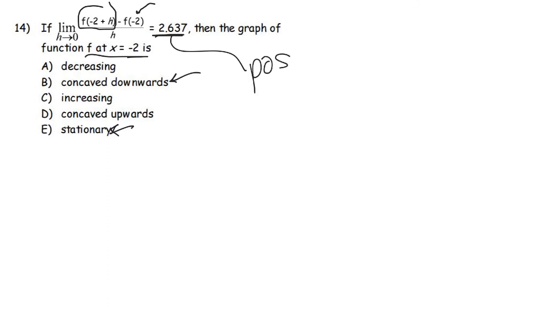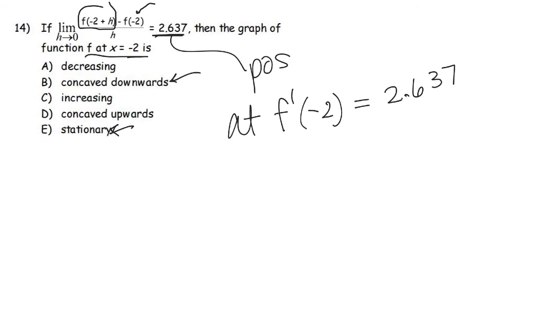So what this is saying is f prime of -2 is 2.637. Well, if the derivative is positive at this particular value, positive derivative means the original function is increasing. So it's just another way to look at that.